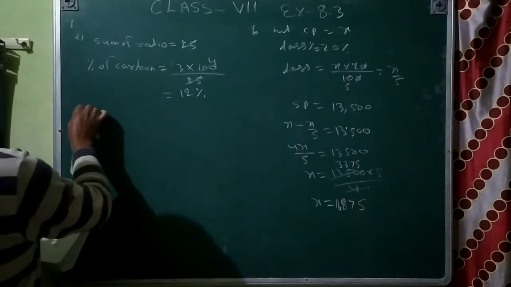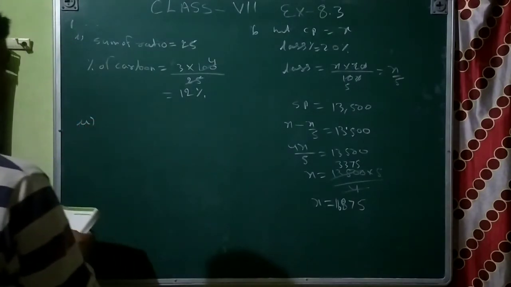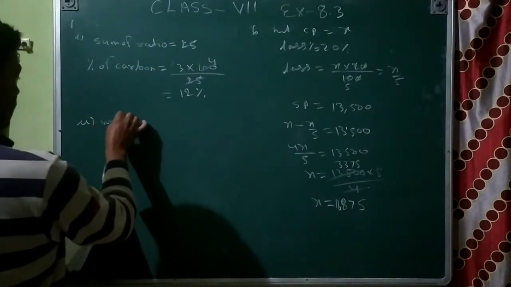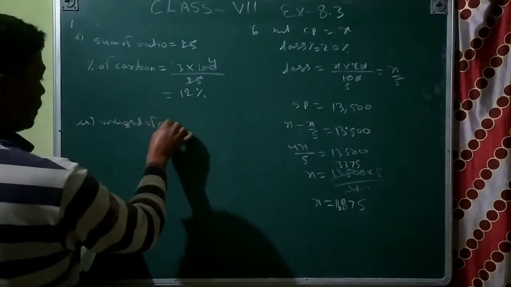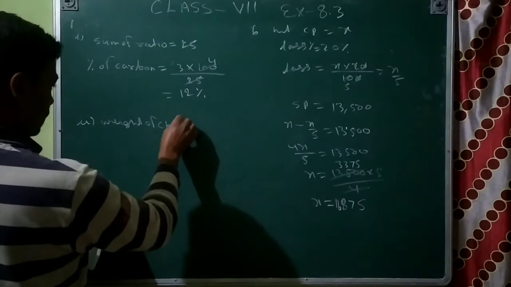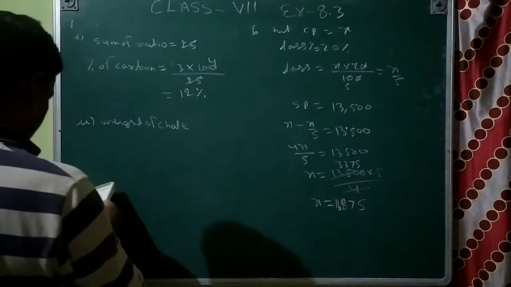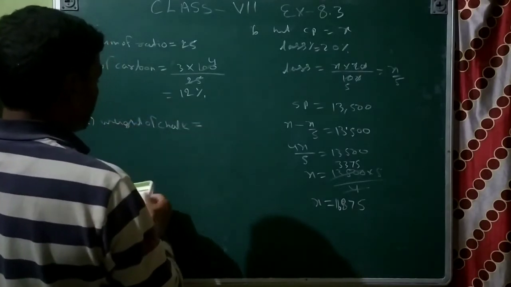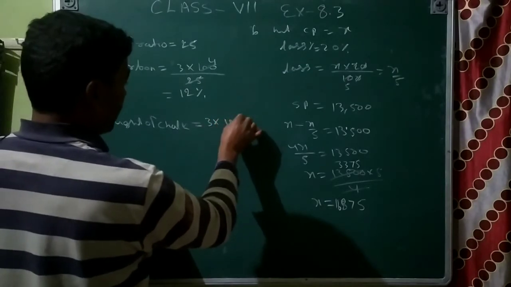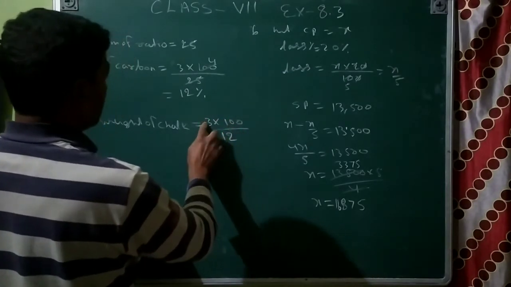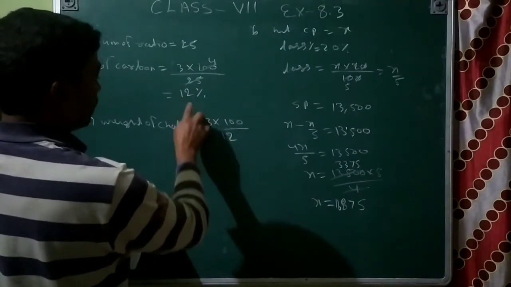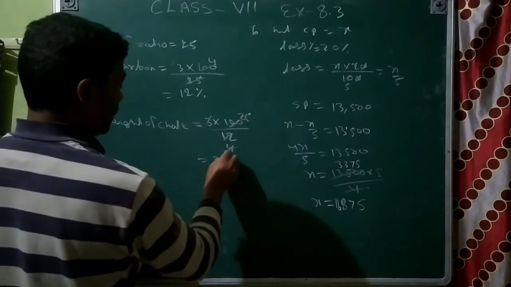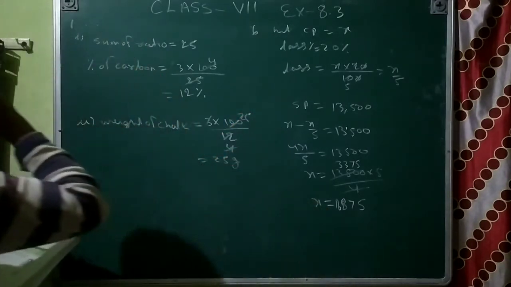So that second part, weight of chalk is equal to 3 into 100 upon 12, that is 3 over the percentage of carbon, and then 100, and then total percentage of carbon. 3 4s are 12, 4 25s are 100, that is 25 gram, weight of chalk.